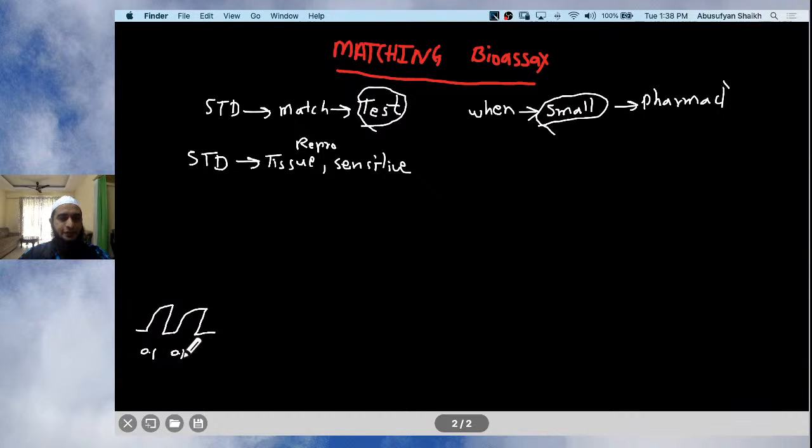When the dose is the same and you get the same response, suppose both response heights come to 10 mm, that indicates that these responses are equipotent in nature. Why are they equipotent? Because you have given the same dose and you have got the same response. So at the same dose, when you get the same response, these doses are called equipotent in nature.